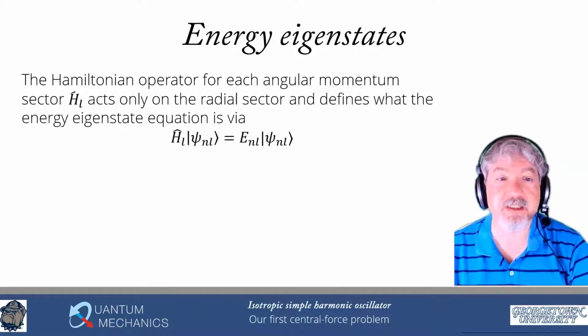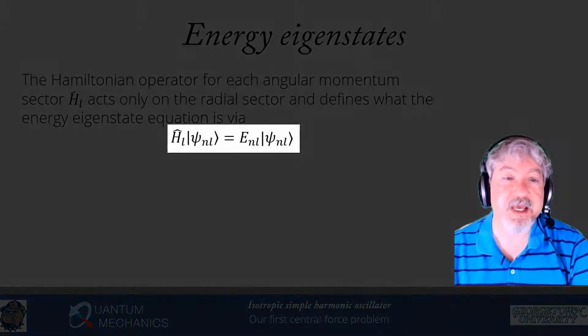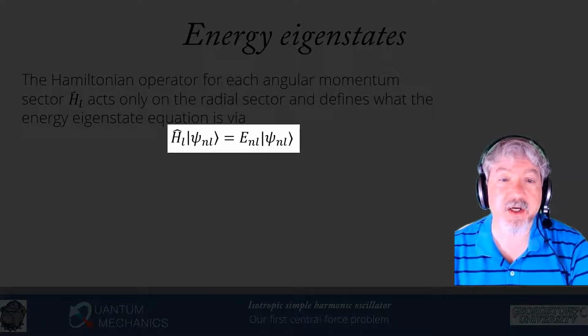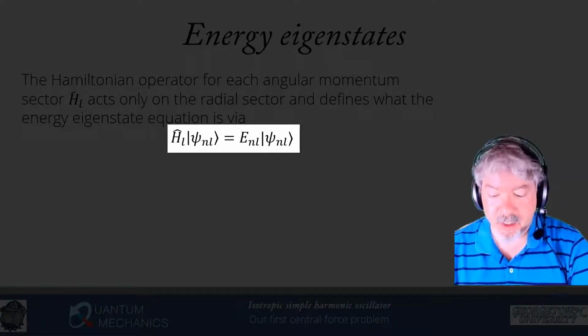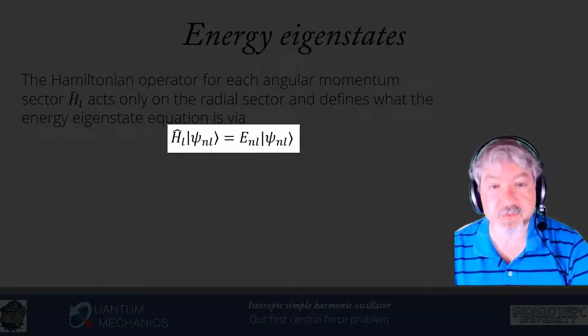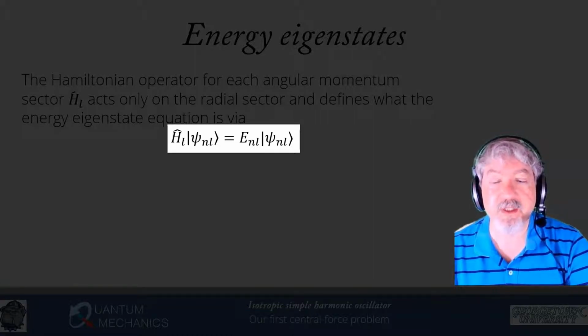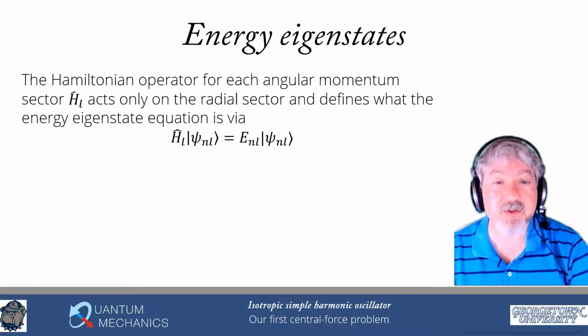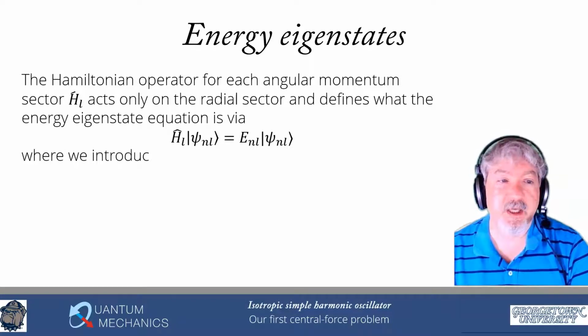So this Hamiltonian operator for each sector only acts on the radial sector, and it defines the energy eigenstate equation via HL acting on the radial vector psi r, which I'm now giving labels n and l, so it's a psi n l, and it's an eigenstate eigenvalue relationship. So there's an eigenvalue ENL that multiplies that when we have found the eigenstate. The idea is, let's find the eigenvectors and let's find the eigenvalues, these ENLs associated with those eigenvectors.